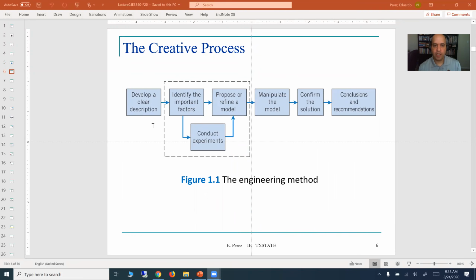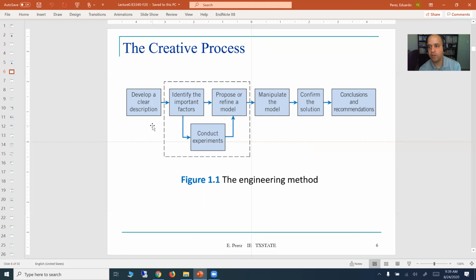So there's what I call the creative process of engineering, and this is, again, typical for all disciplines. When you're trying to solve a problem, the first thing you do when you follow the engineering method is to get a clear understanding about the problem. So develop a clear description of the problem, which is the first step.